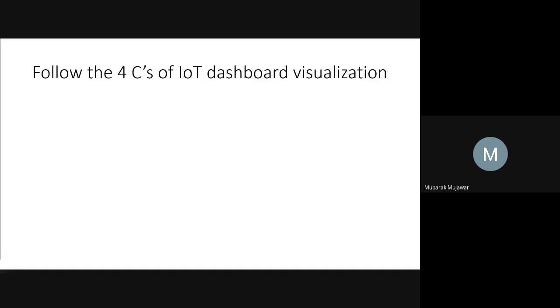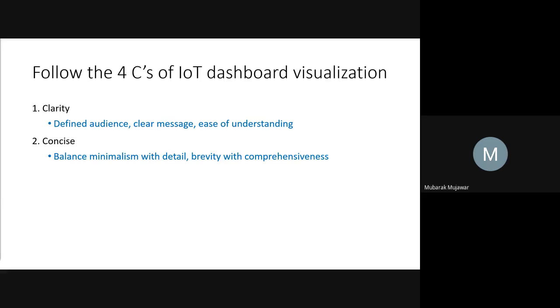Now, there are 4 C's of IoT dashboard visualization. The first one is clarity, so it should be very clear. The next ones are conciseness, captivation, and the catalyst. What do we mean by catalyst? Your dashboard should prompt some action.